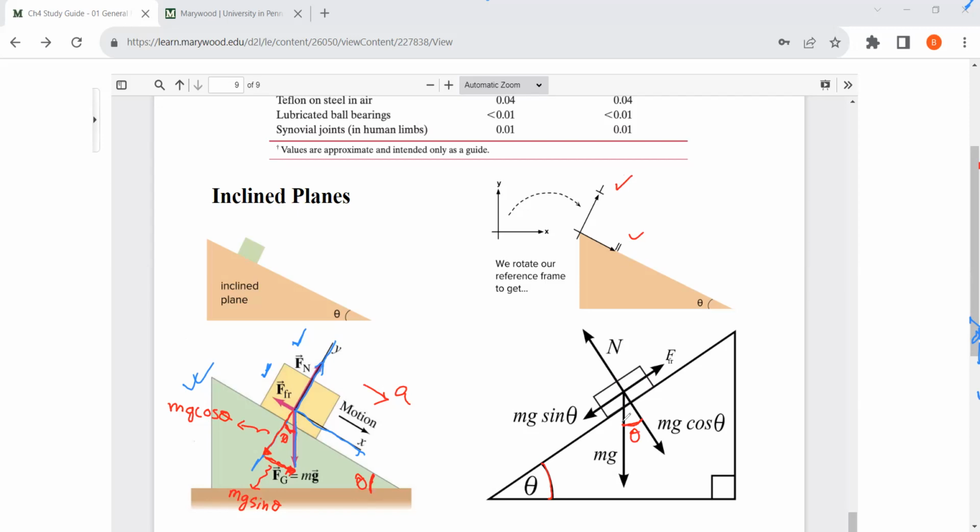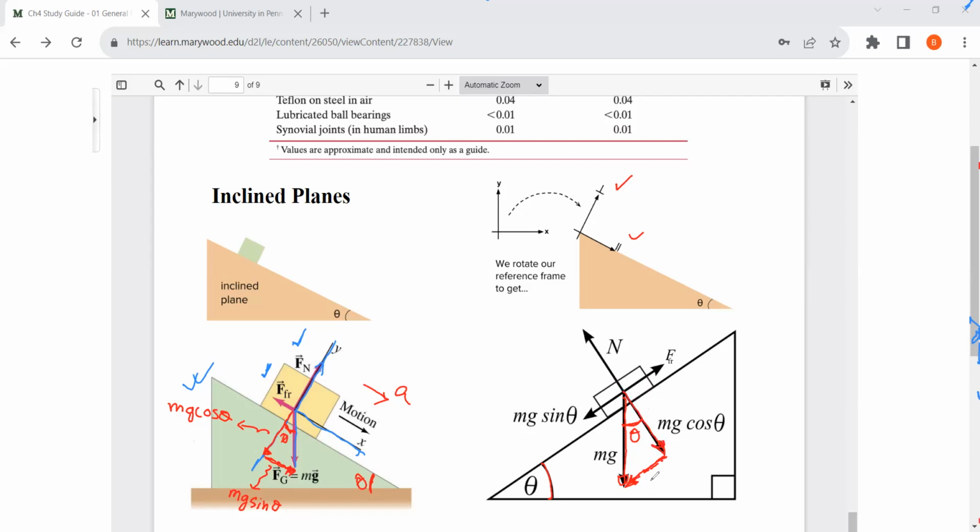So this is mg, and we have to break this. How to break? You have to draw a line that connects the axis and then this.